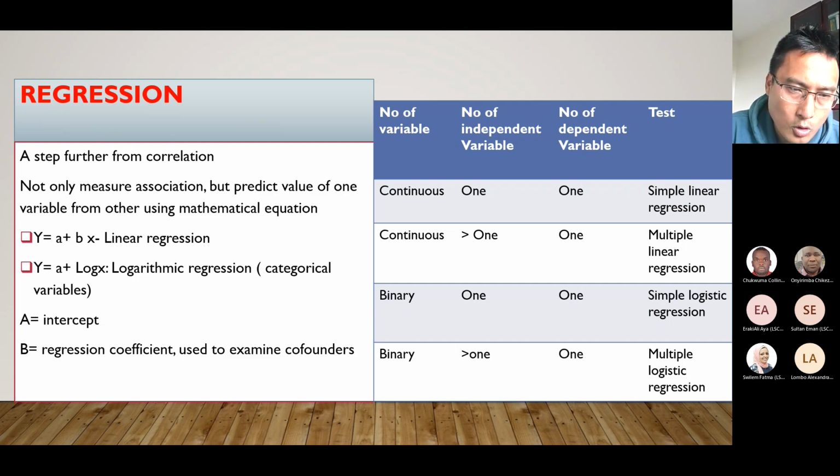This is a formula for the one categorical variable. A stands for intercept, B stands for regression coefficient. Unfortunately, you have to remember this formula. There's no easy way out. So anything to do with regression, linear regression, keep that in mind.